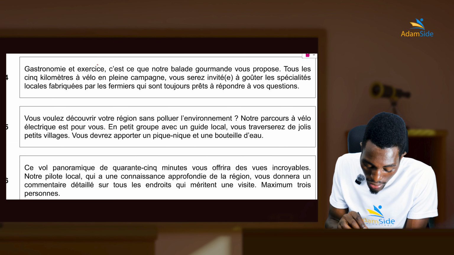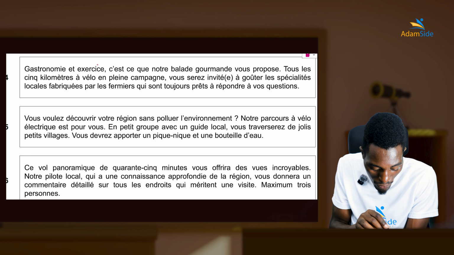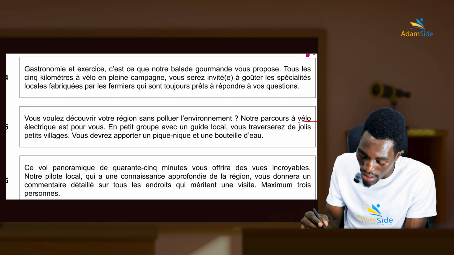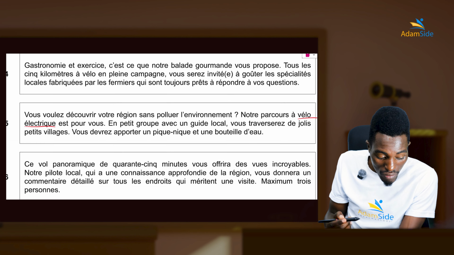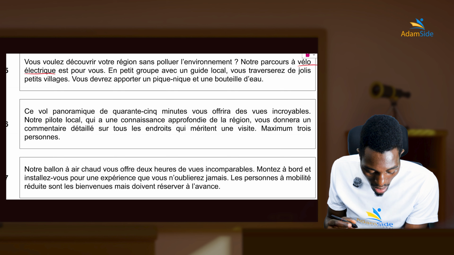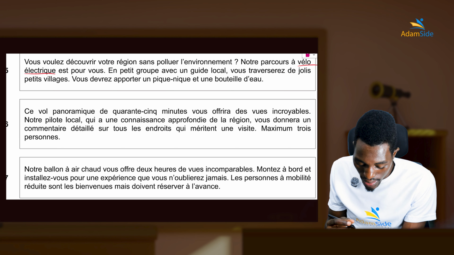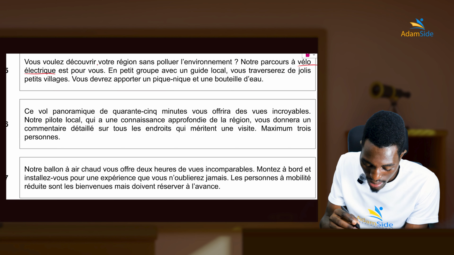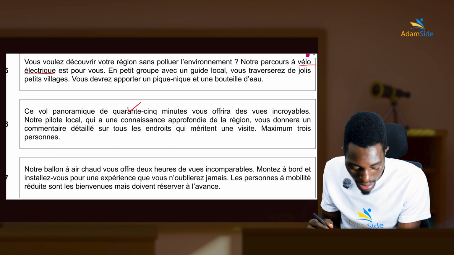Vous voulez découvrir votre région sans polluer l'environnement. Le parcours vélo électrique. No, vélo is a sport. So Claudine does not like sport. Ce vol panoramique, yes. De 45 minutes, yes. Moins d'un quart, correct. Vous offrira des vues incroyables.